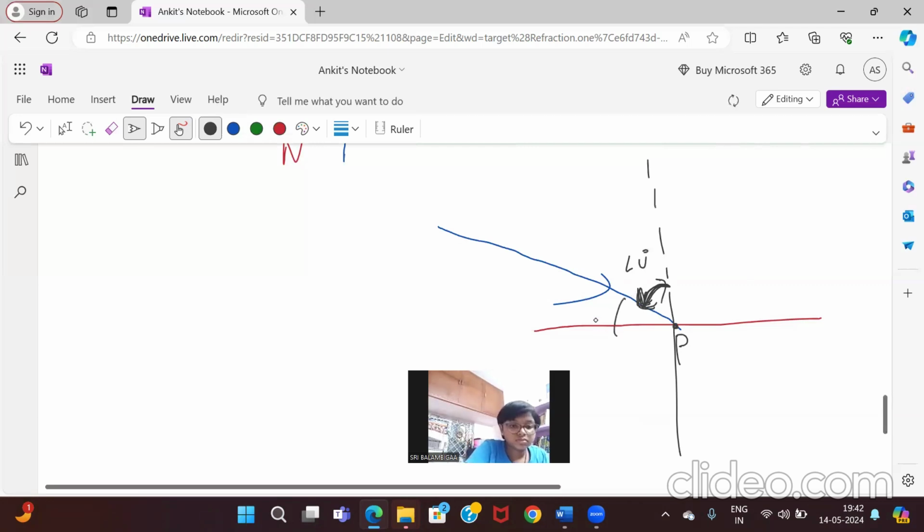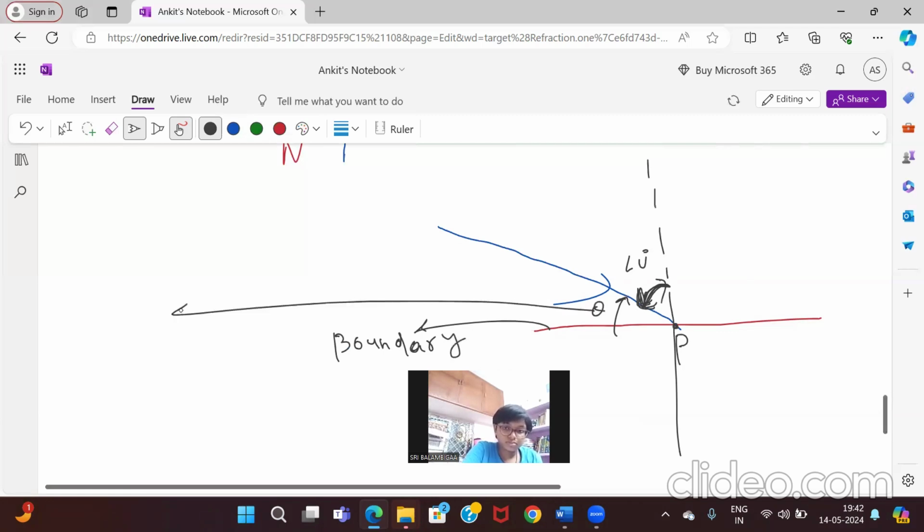This is not the angle of incidence. This is the angle made by the incident ray from the boundary. This angle is known as the glancing angle. Already have discussed, glancing. This is not the angle of incidence.